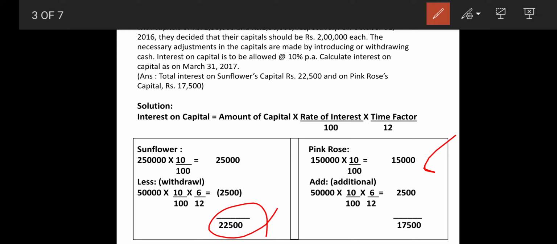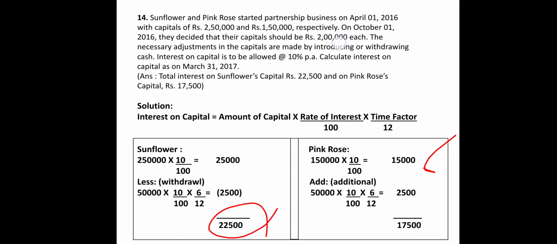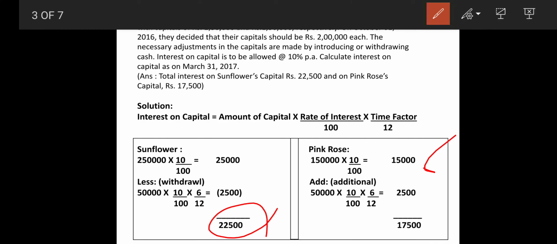Now if he wants to keep a capital of 2 lakhs each, then what he has to do is 50,000 he has to bring in the business. So 50,000 he will be additionally getting in the business. So that will be calculated in this particular form, that is 50,000 multiplied by 10 upon 100 multiplied by 6 upon 12.